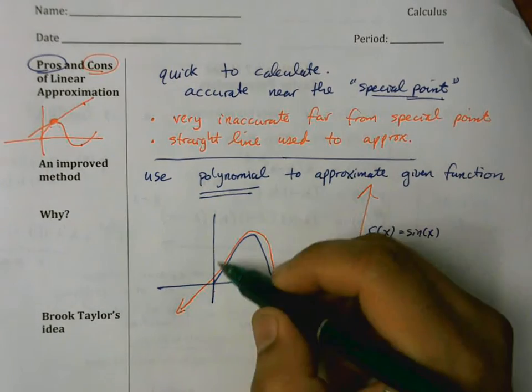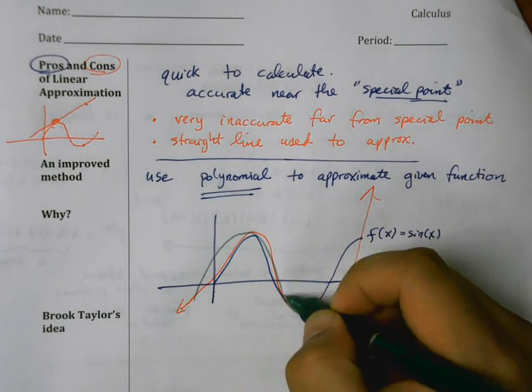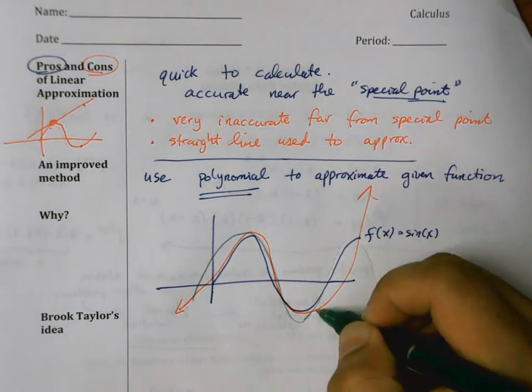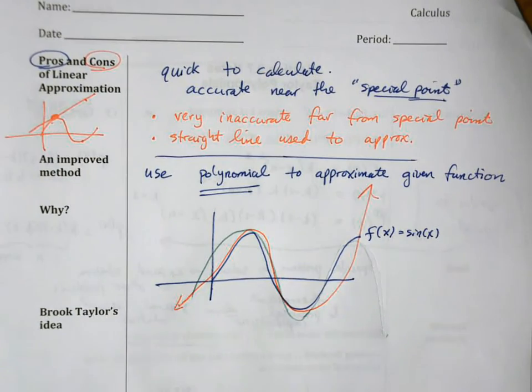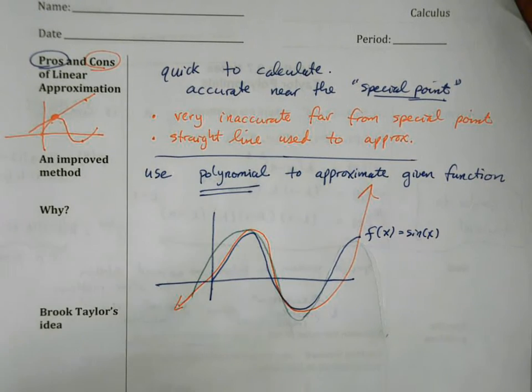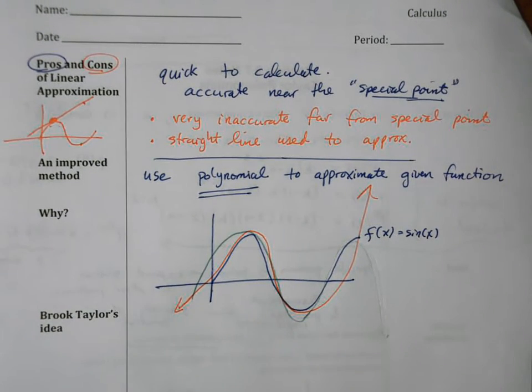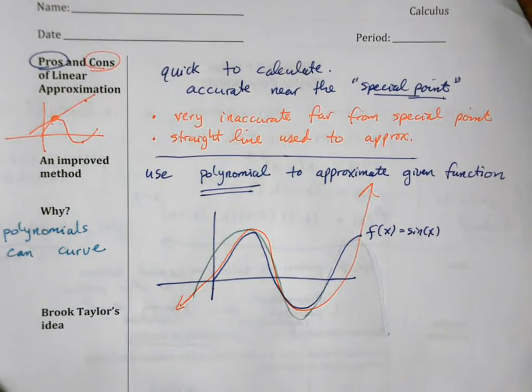We can also make another polynomial that curves like this and comes back down. So the first answer to this question, I should say, is because polynomials can curve. Okay, and that's something quite useful when you're trying to approximate these difficult curves.